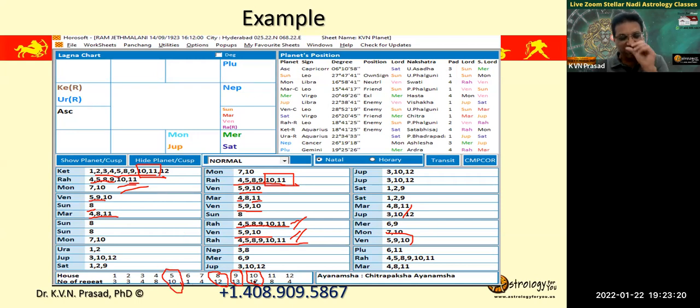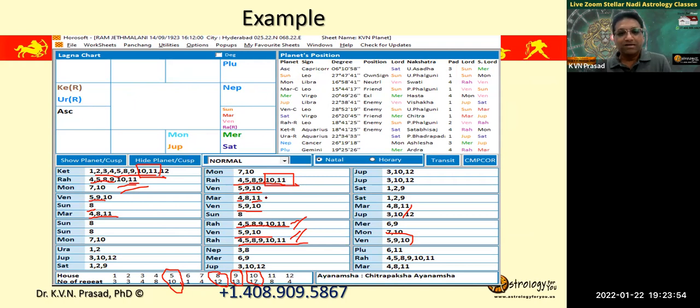So this gives us a snapshot. Even by looking at it, you can see all these combinations, how all these bhavas are activated. Again, in the 8th house he has 4 planets. The 5th lord Venus is in the 8th house. The 4th lord Mars is in the 8th house. The 6th lord is in the 10th house with Jupiter.